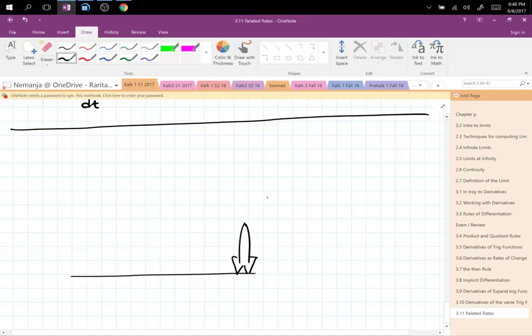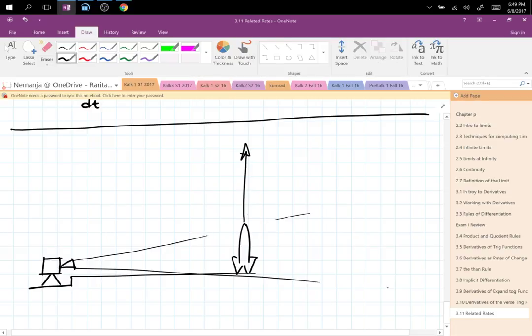And then you're going to shoot the rocket straight up from the launch pad. You are going to set up the camera. And the camera will have this view angle of the rocket.